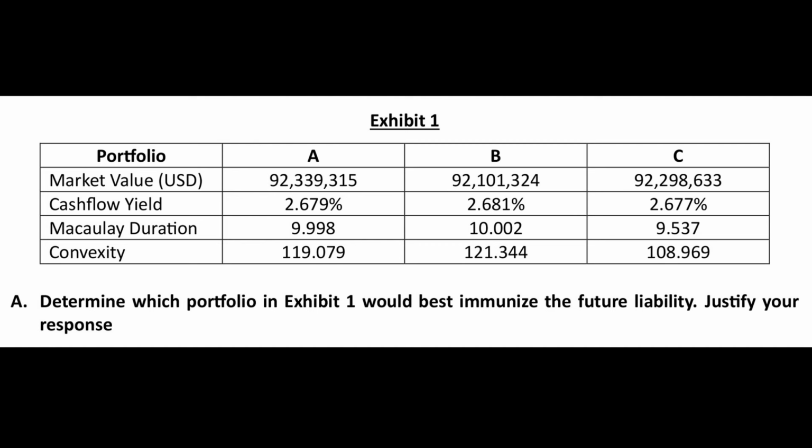So if you recall, the conditions for immunizing a single liability are: PV of A should be equal to PV of L. Second, duration of asset equal to duration of liability. And third, the convexity of the portfolio asset should be just greater than the convexity of liability, just greater.